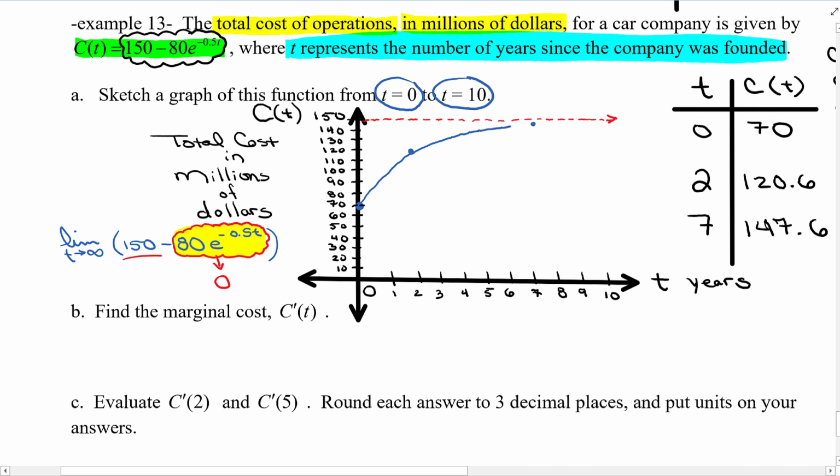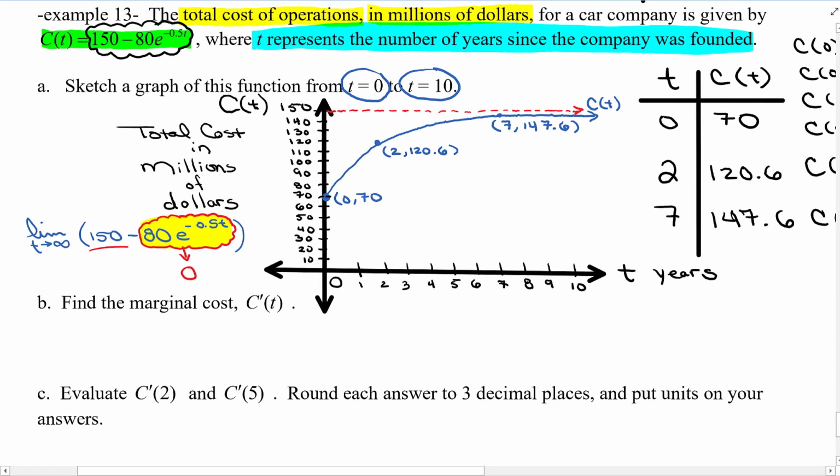Starting from 0, 70, I've drawn my curve going upwards and lining up with the horizontal asymptote, never touching it, never passing it. I've labeled my points with their ordered pairs, and I have my sketch of my graph. This graph represents C of t.